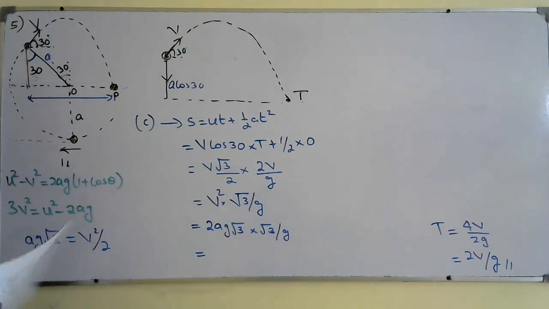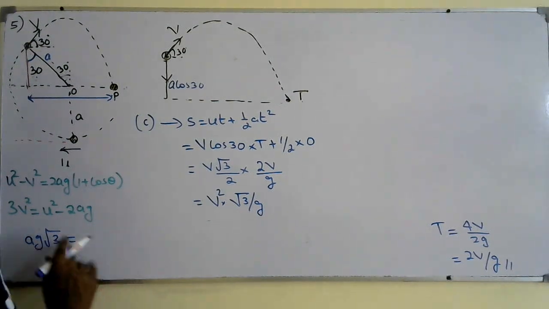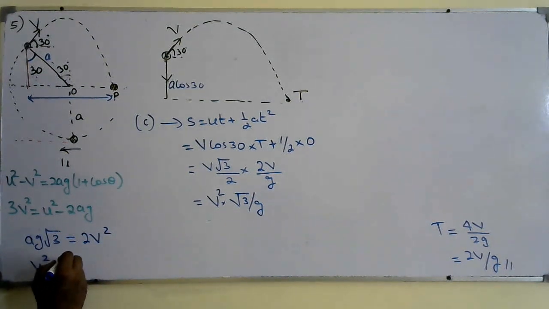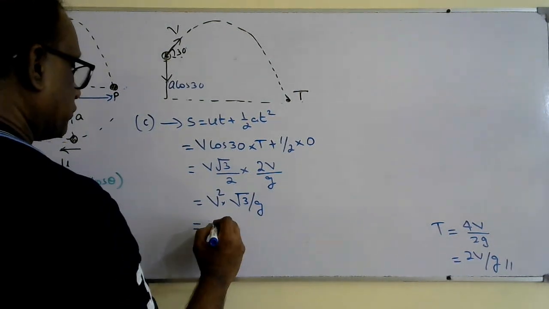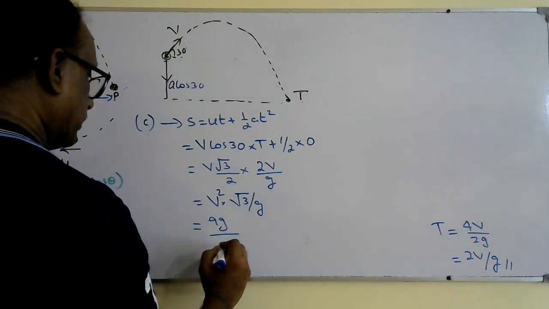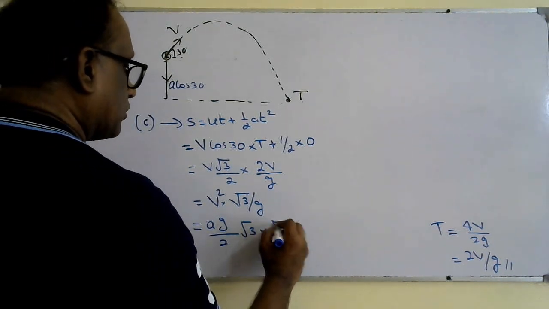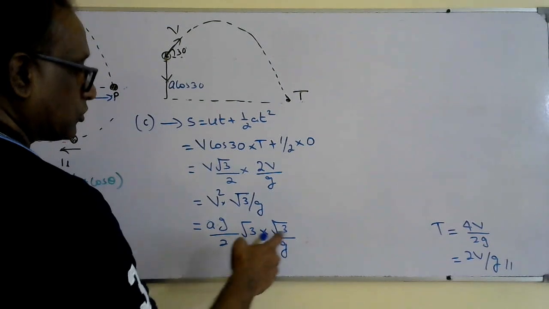So that's going to be, one minute. So that is, root 3 AG equal 2V squared. So from this V squared is equal to AG by 2 root 3. We can substitute here, V squared times root 3 by G. Okay, so G will get cancelled, root 3 into root 3, 3.